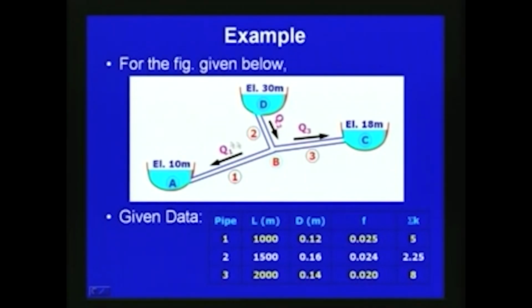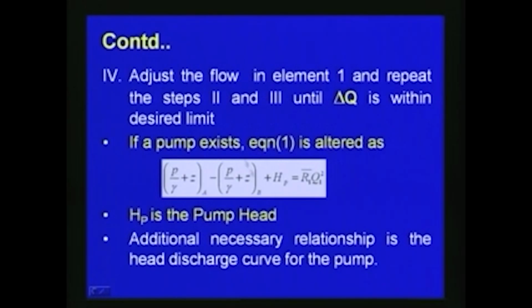In this problem we assume that the flow direction is Q1 towards A, Q2 towards B and Q3 from B to C, and we write the equations based on this direction.